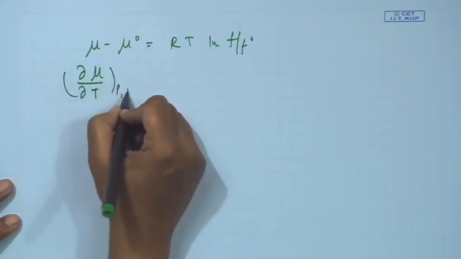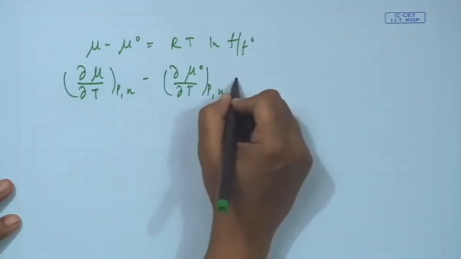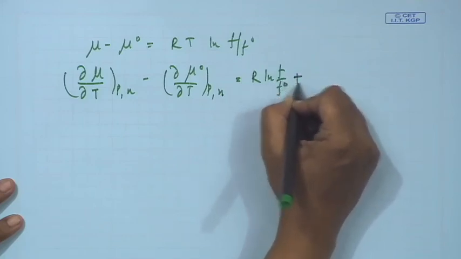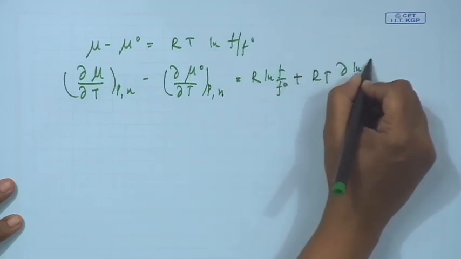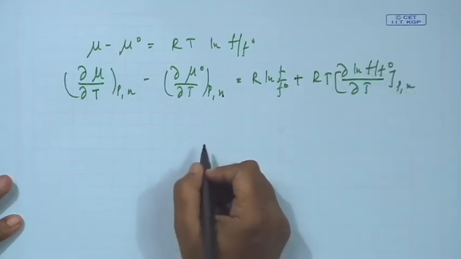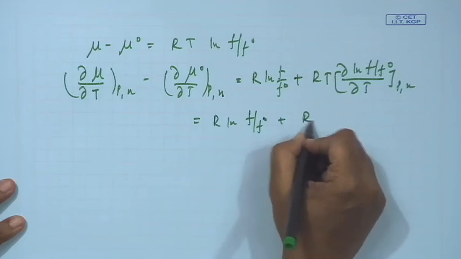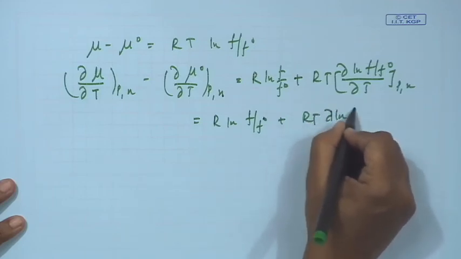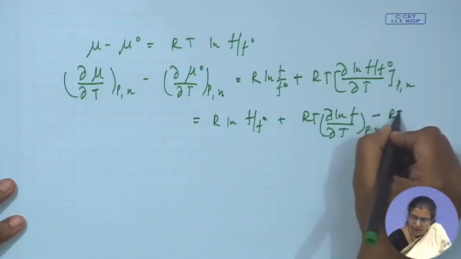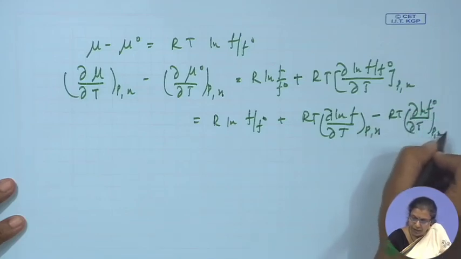We are interested to find how this quantity varies with temperature. We can write it down in this form: this equals R ln f by f0 plus RT del ln f by f0 del T at constant p and n. This equals R ln f by f0 plus RT del ln f del T at constant p n minus RT del ln f0 del T at constant p n.